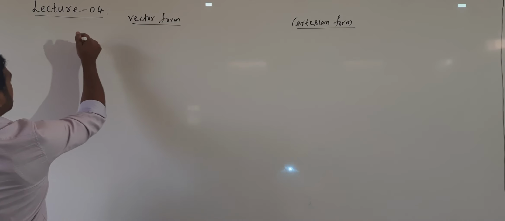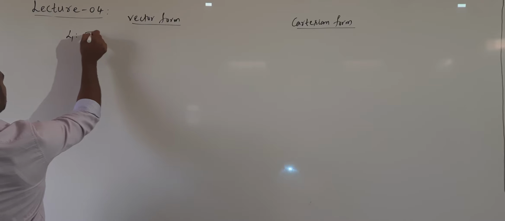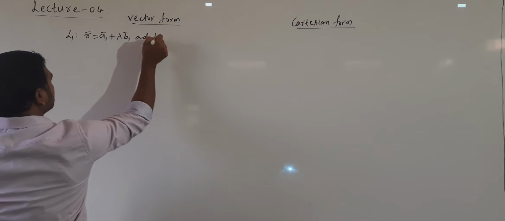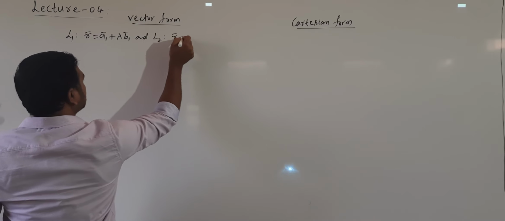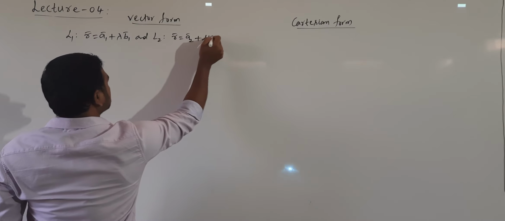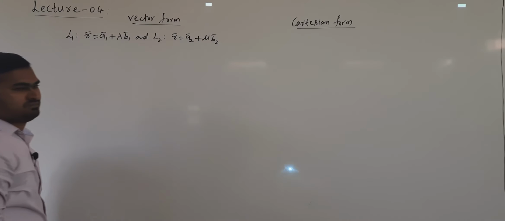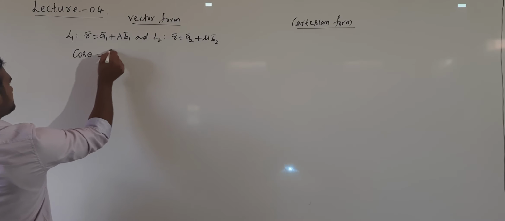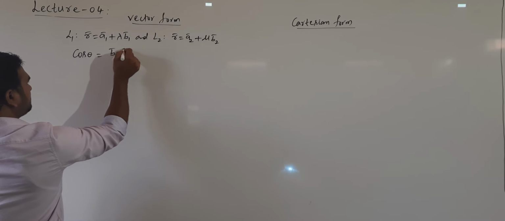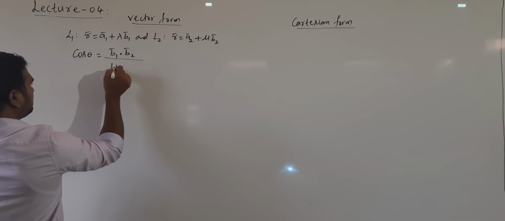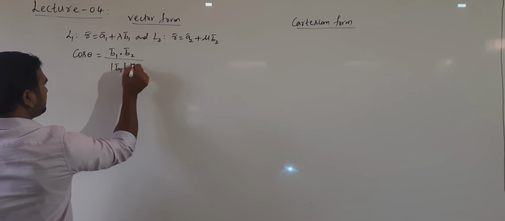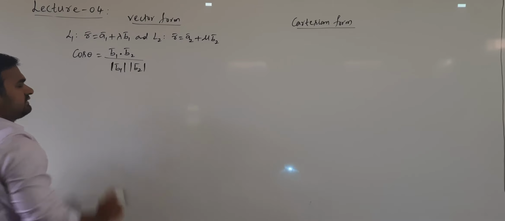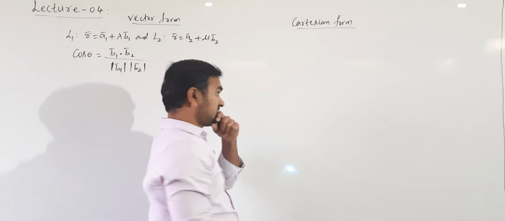So, in vector form we know the lines L1 r bar equal to a1 bar plus lambda b1 bar, and second line r bar equal to a2 bar plus mu b2 bar. So, what is the angle between the two lines we are writing? Cos theta, it is b1 bar dot b2 bar divided by magnitude of b1 into magnitude of b2. This is we are writing in vector form.